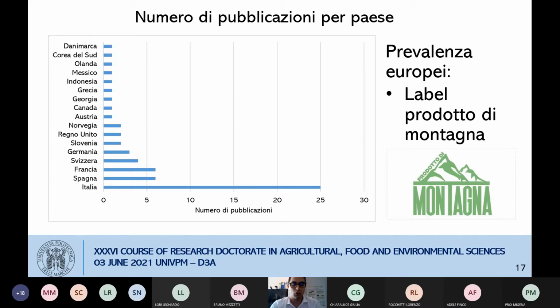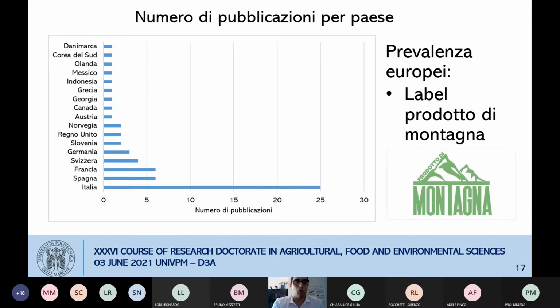Questo perché? Soprattutto grazie alle caratteristiche orografiche di questi paesi. Infatti, sia in Italia che in Spagna che in Francia, le zone montane rappresentano gran parte del territorio. Inoltre, però, è molto importante anche considerare le politiche che l'Unione Europea ha intrapreso per valorizzare le zone montane. Ricordiamo una su tutte il label prodotto di montagna, che accennavo anche prima, che ha messo, diciamo, un faro su questo tipo di produzioni.